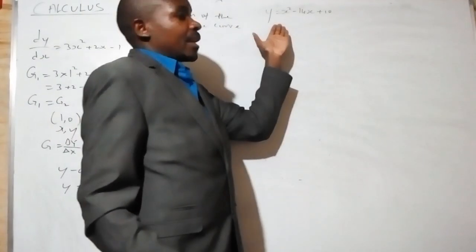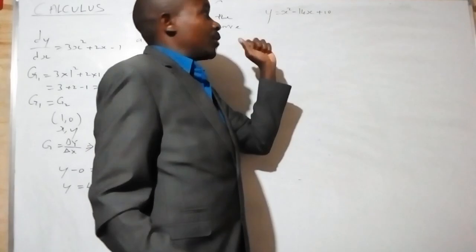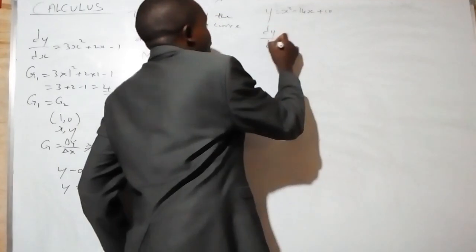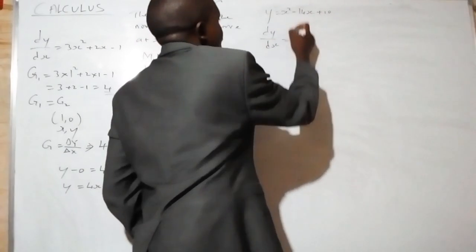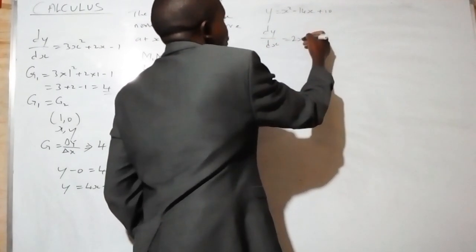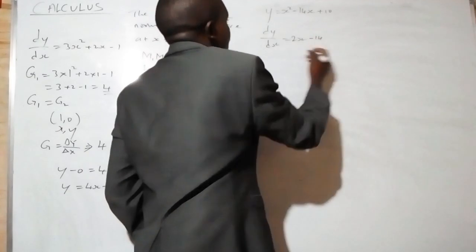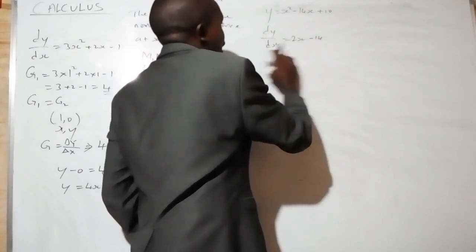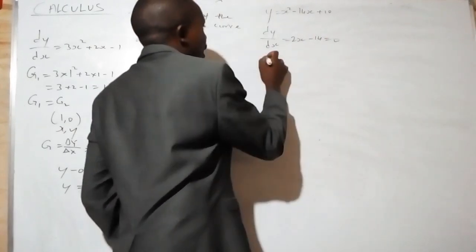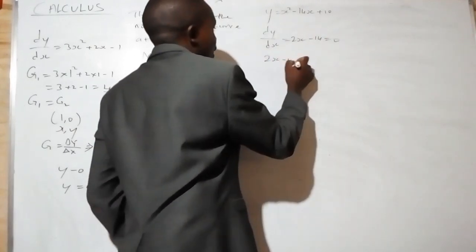That gradient function you equate with 0. dy over dx is equal to 2x, 2 minus 1, x to the 1. So we are going to have 2x minus 14. This is the gradient function. Now equate it with 0, to have 2x minus 14 is equal to 0.